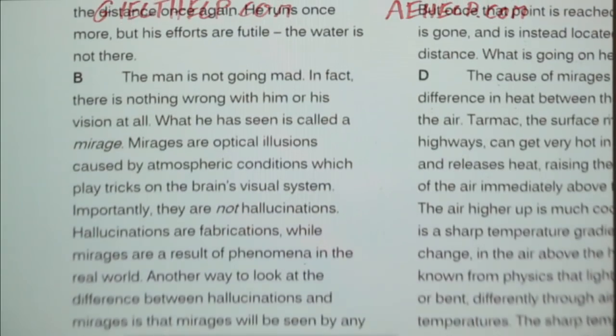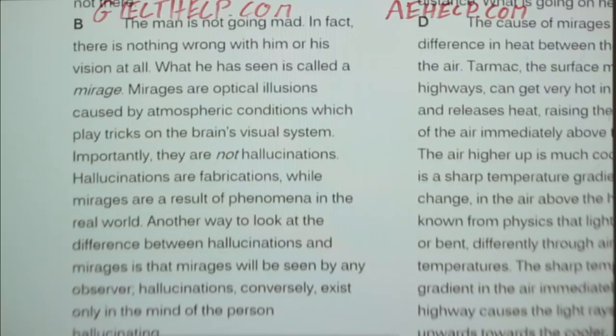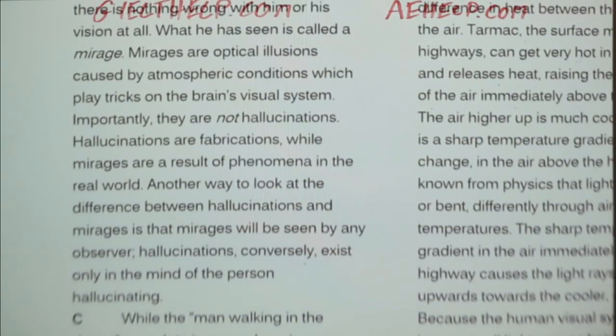Okay, so we know it's not a hallucination. What he has seen is called a mirage. Mirages are optical illusions caused by atmospheric conditions which play tricks on the brain's visual system. Importantly, they are not hallucinations. Hallucinations are fabrications, while mirages are a result of phenomena in the real world.